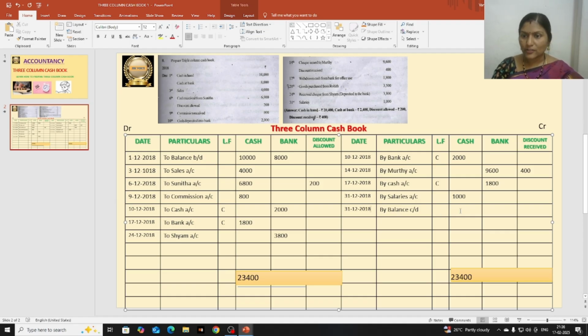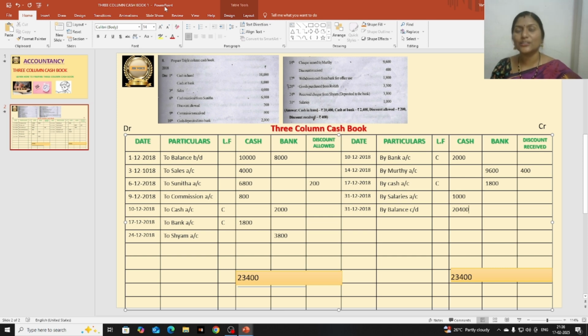Next, we are balancing the cash column, so we should put that balance amount in the cash column. What amount are we going to write? 23,400 is the more amount. From that the less amount, 3,000, should be deducted. If you deduct, how much do you get? 20,400. We should write there 20,400. Now both the totals will be 23,400, this side as well as the debit side. This is known as balancing of an account. We balanced the cash column.